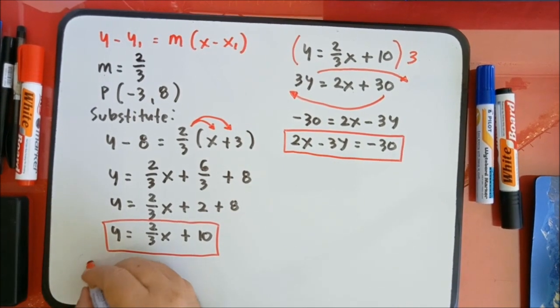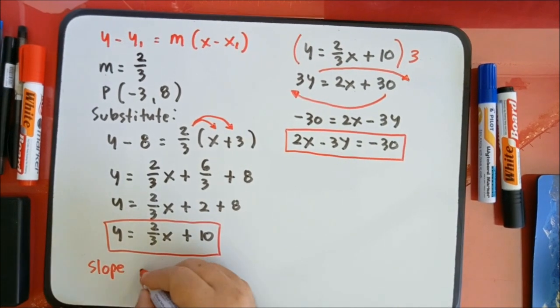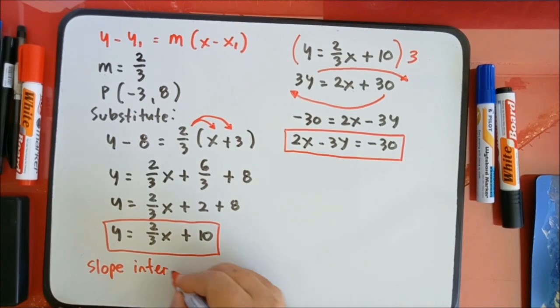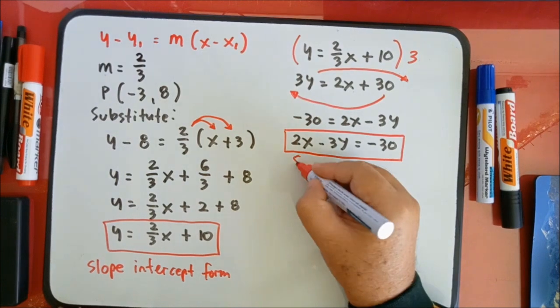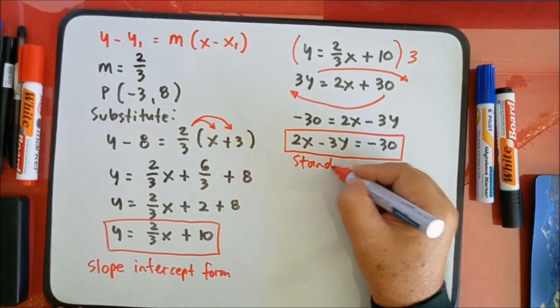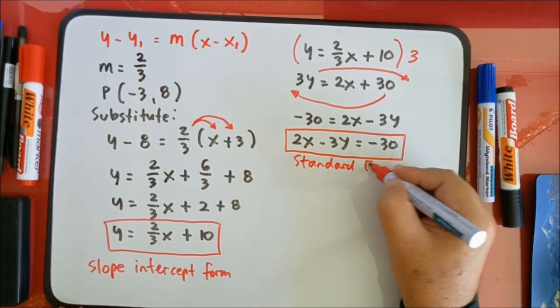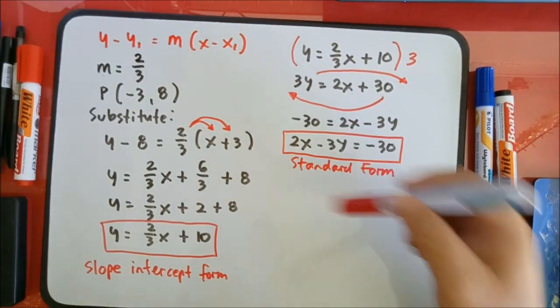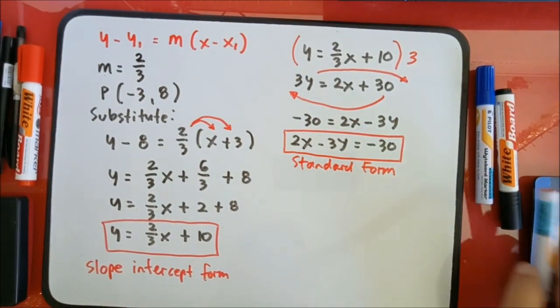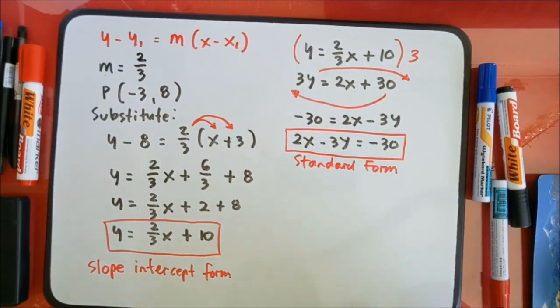This will be your slope-intercept form. And this will be your standard form. Okay. Pwede namang negative 2x sa kabila eh. Pero ang convention, in a convention way, dapat positive ang 2x.